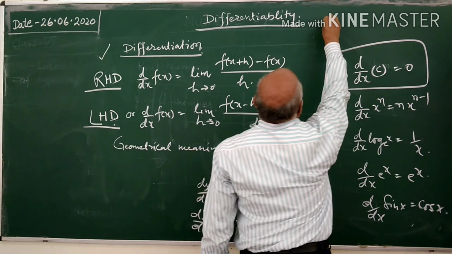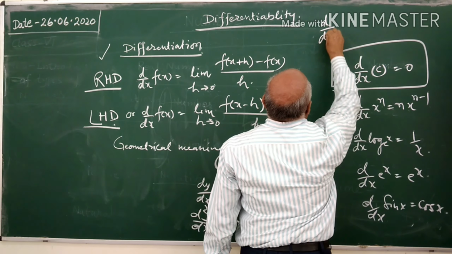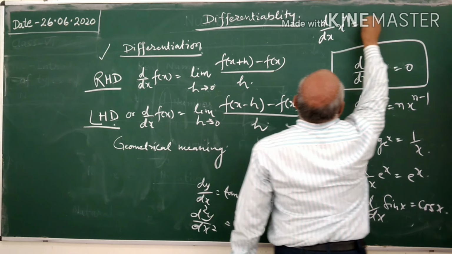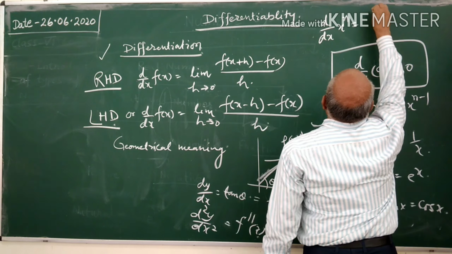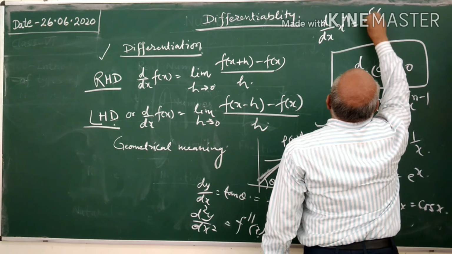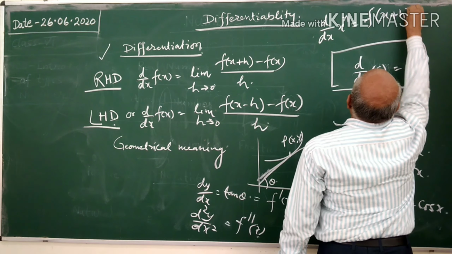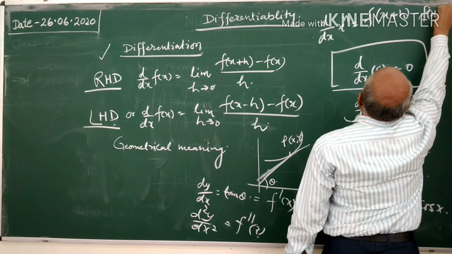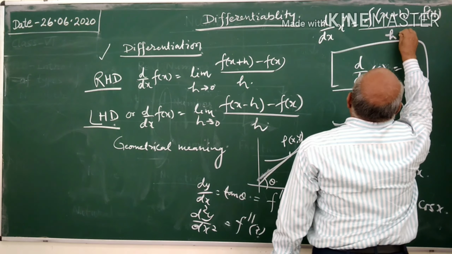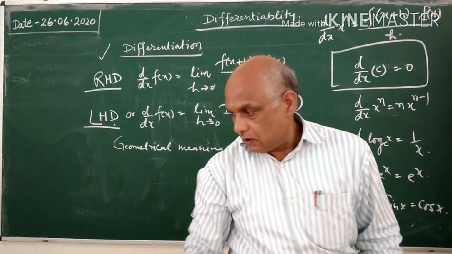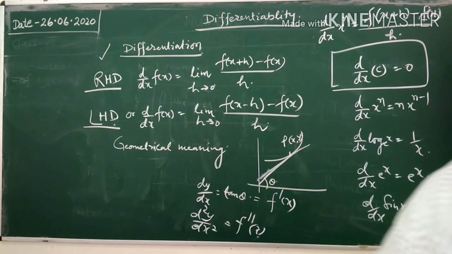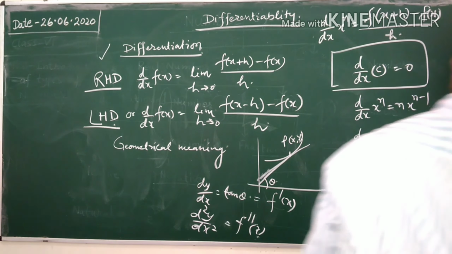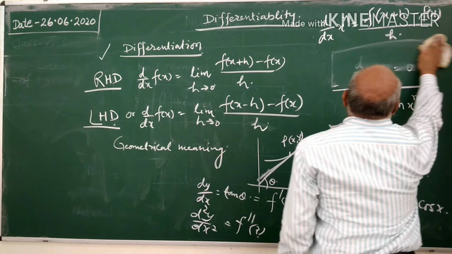How did we get it? dy dx of x to the power n is equal to limit h tends to 0, f(x plus h) minus f(x), by h, in the form of formula.